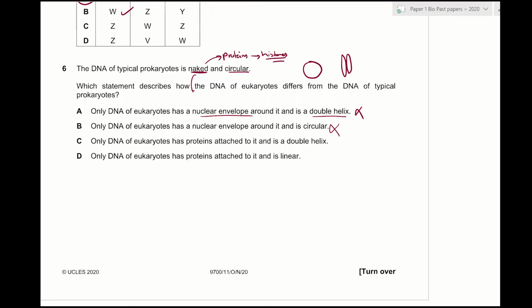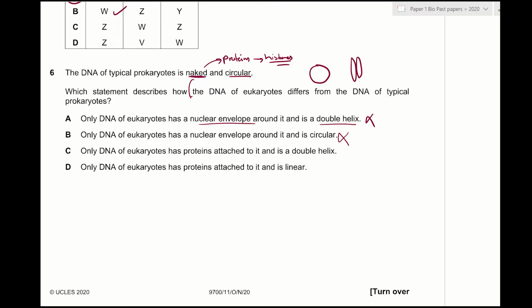And nuclear envelope is not the opposite of naked. C. Only DNA of eukaryotes has proteins attached to it and is a double helix. This is incorrect. D. Only DNA of eukaryotes has proteins attached to it. So this is correct, opposite to naked, and is linear, which is opposite to circular, so D is going to be the correct answer.